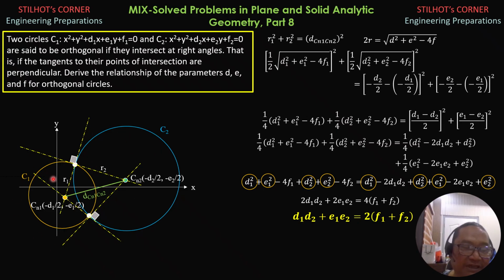Since the two circles are intersecting, the radical axis is the common chord, remember? So that's the common chord, and if we have a third circle which is orthogonal to these two circles here, the center of that third circle must be lying on the radical axis.